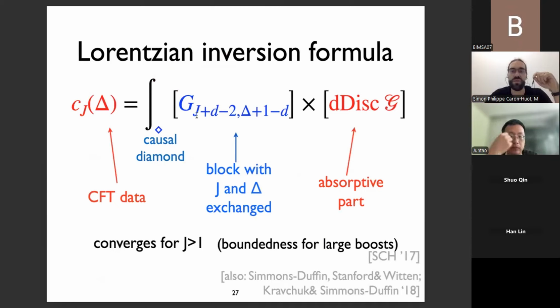And when you integrate this commutator squared over a natural region where this commutator is non-zero, then you reconstruct all the conformal field theory data, at least except for spin 0 and possibly spin 1. This has to do with whether this integral converges or not. But that's the main formula. It allows you to reconstruct all the OPE data, all the conformal field theory data, from this commutator squared.